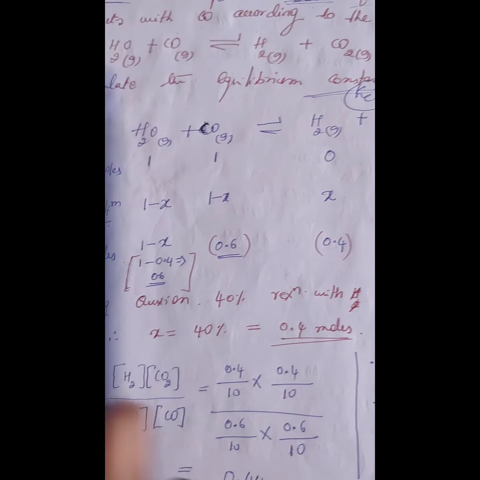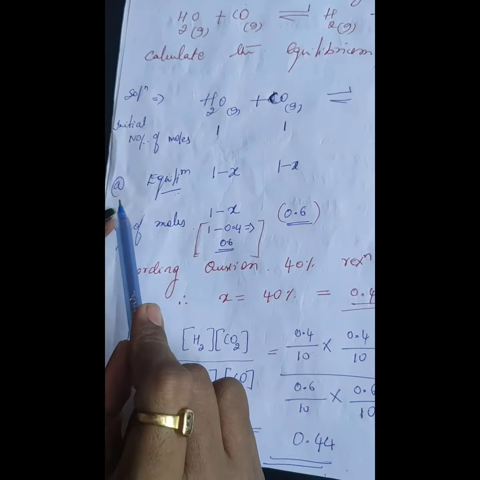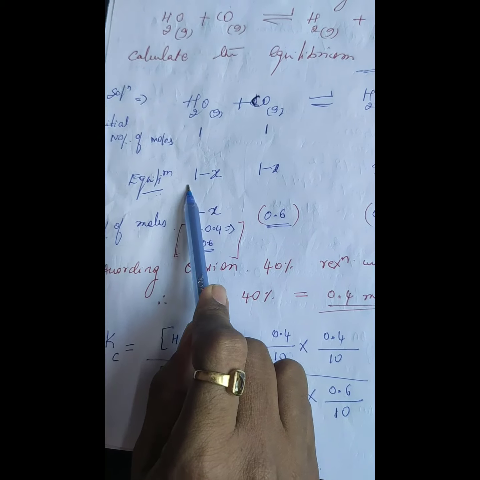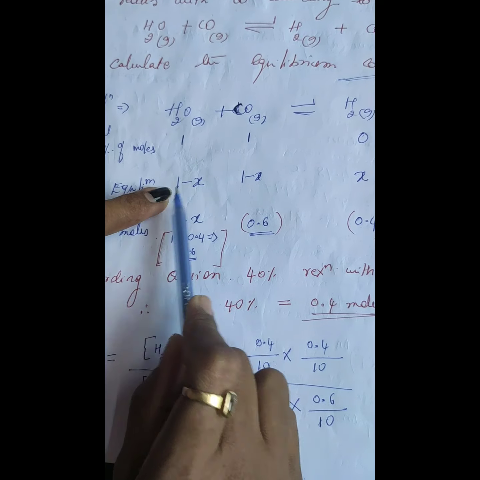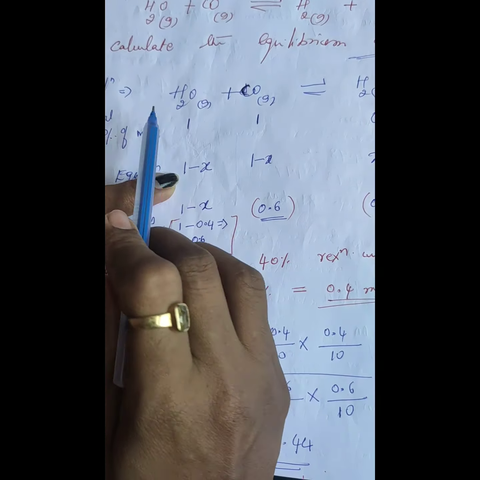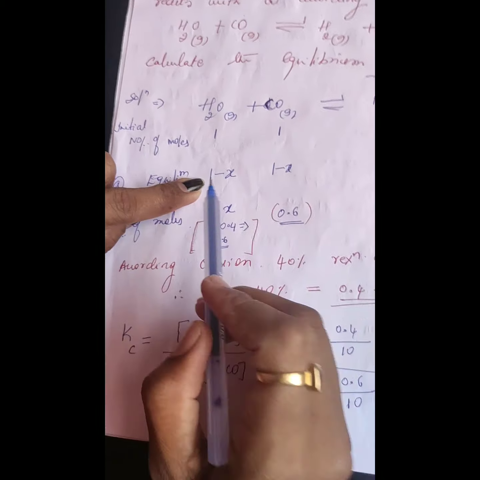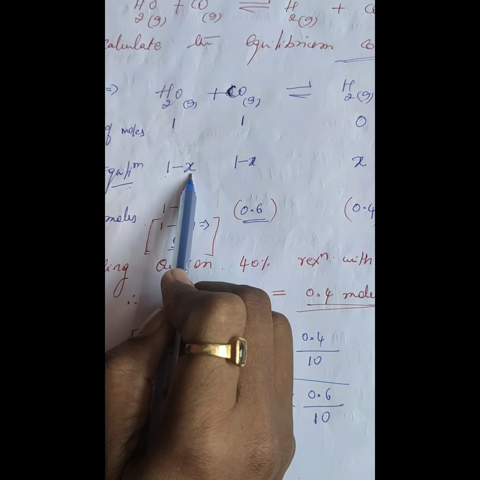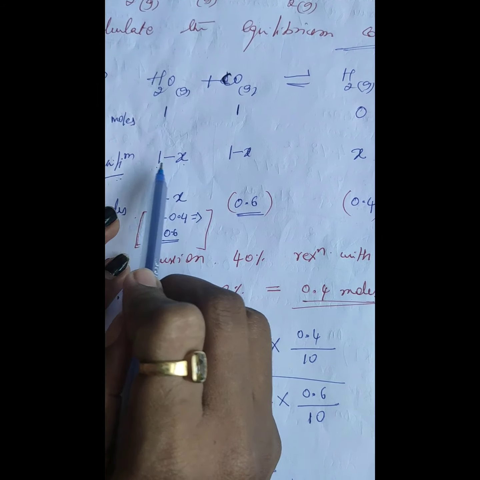But children, as the reaction proceeds, it reaches equilibrium. So at equilibrium, what will be the number of moles? Some amount of reactant will be reacted, represented by X, as I discussed in yesterday's class.